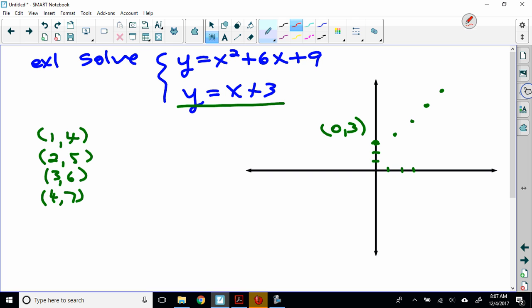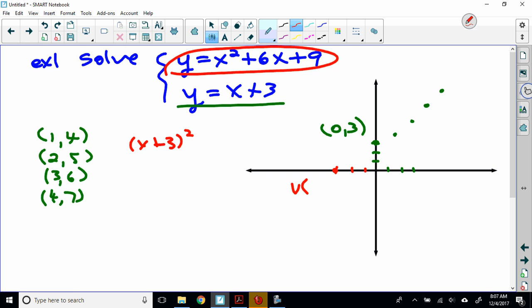All right, and then this other equation, this quadratic, factors into (x plus 3) squared. So that means it's going to be translated 3 units to the left. So its vertex is at (0, negative 3). And if I go over 1, I'd go up 1.